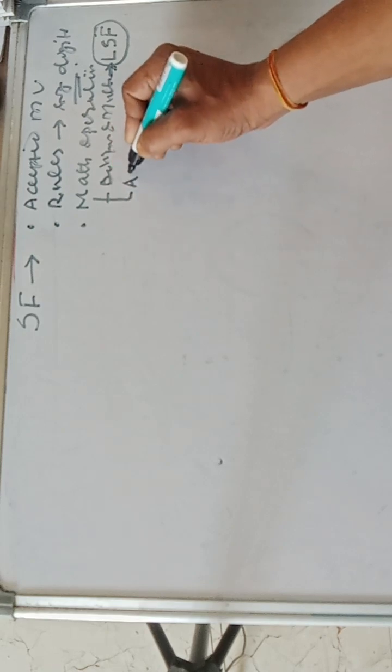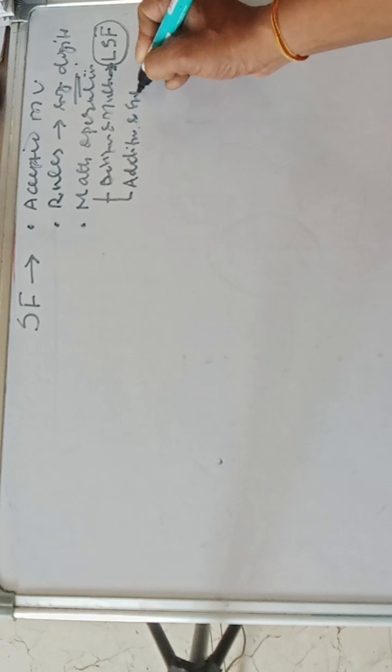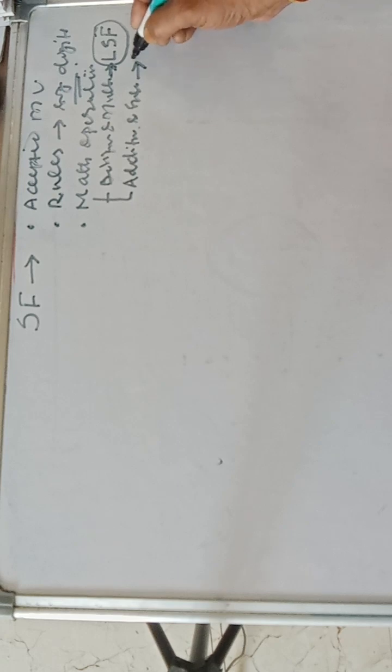Whereas in addition and subtraction of different quantities, the result will refer to the lowest decimal places. That means it will refer to the quantity having the lowest decimal places.